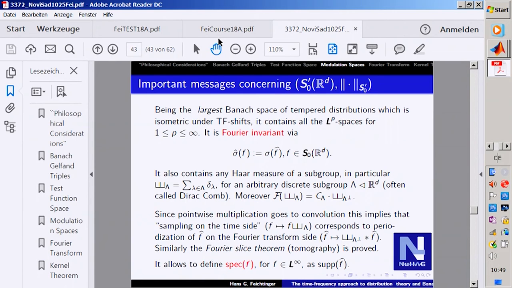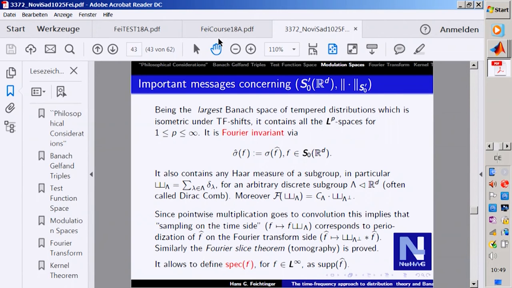At the end I'm here, and only the guy in the middle is here and the rest doesn't act on me as a test function. So in that sense, ST rho Shah goes to delta 0 on the time side. But these are discrete measures, not continuous functions going uniformly over compact sets. So that kind of understanding is very important.